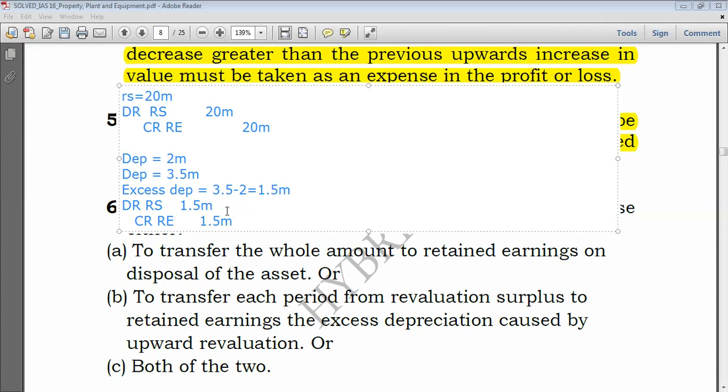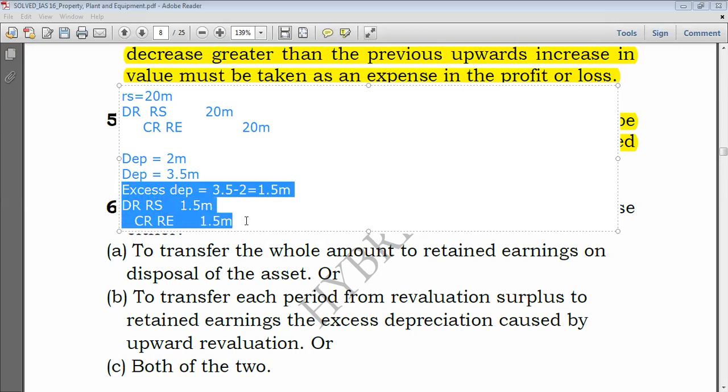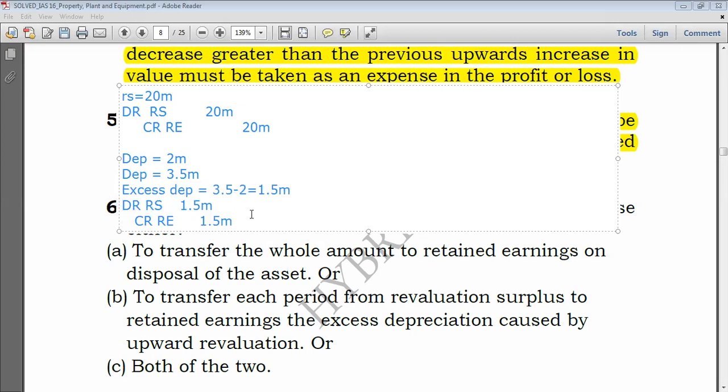Each year you shift it, but it happened that maybe you have to shift it for 5 years, but after 2 years have elapsed, where you are using this excess depreciation transfer, you dispose of the asset. If you dispose of it, actually you do not need to transfer annually again because you have realized it already. So you could just use point number 1 here for the remaining years and shift it all from revaluation surplus to retained earnings. So that's why we say both of the two. So this is what we do.